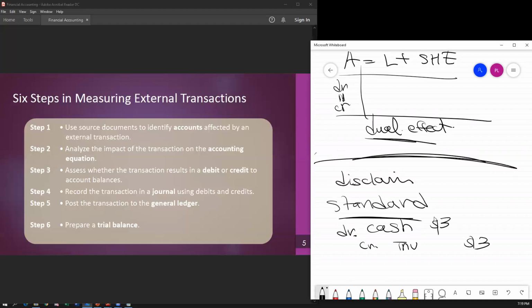Although this transaction is very simple, this is not a rule. This is a standard, or to be more accurate, we call it accounting principles. This is a principle that I'm teaching you. This is not a rule.